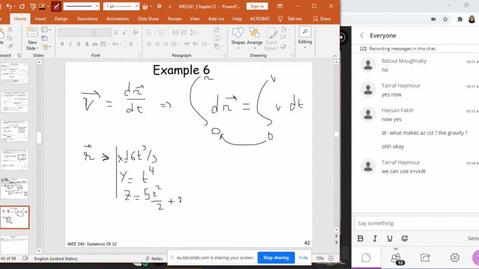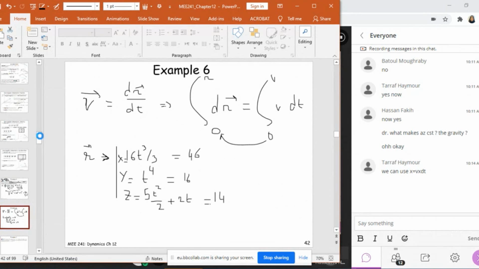Plus 4. Then, guys, I can replace t by 2, and if I replace t by 2, x will be 16 times 8 over 3, which is around 46, y will be 16, and z would be 14. This is when r is equal to 0.